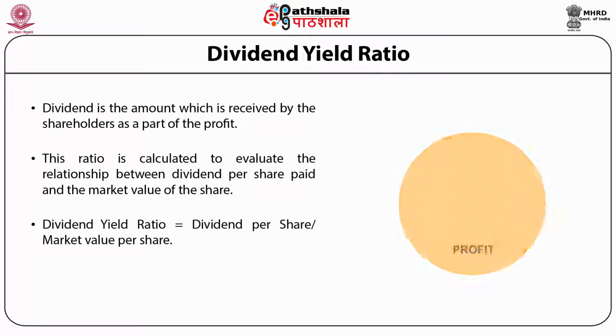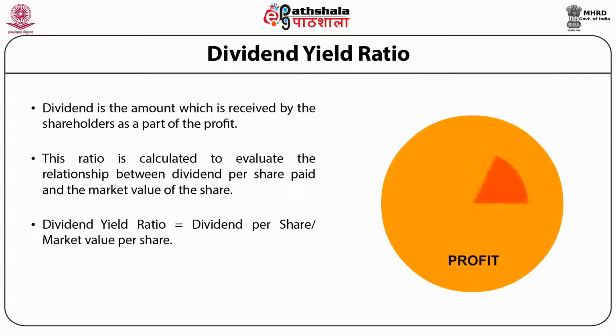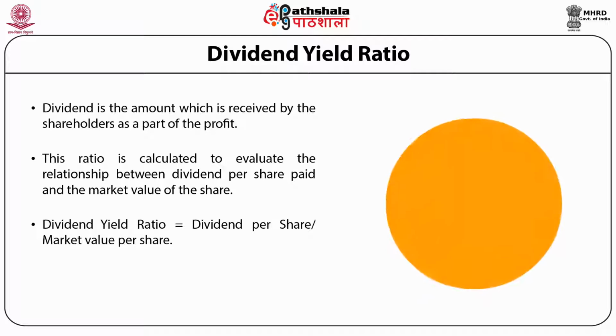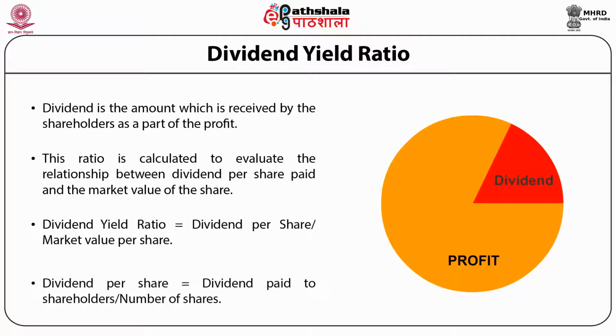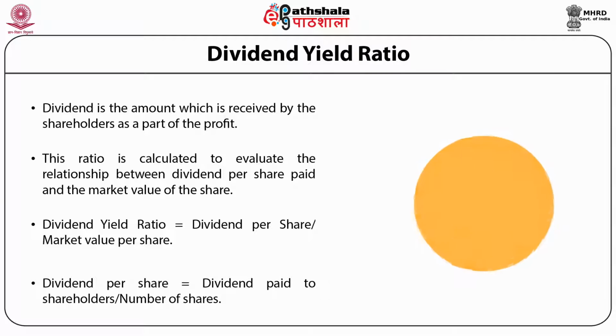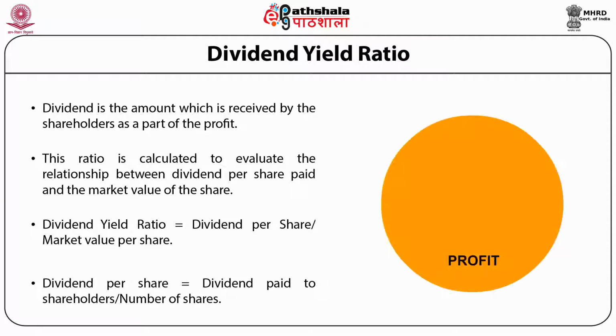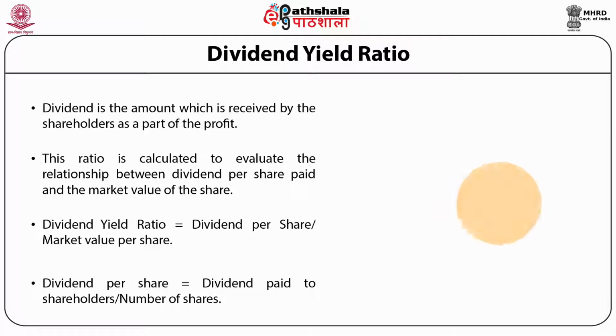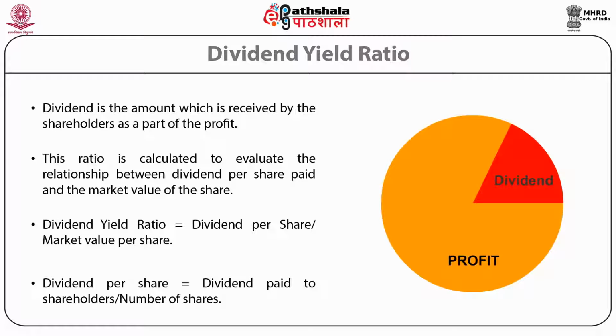Dividend yield ratio is calculated by dividing dividend per share by market value per share. And dividend per share can be calculated by dividing dividend paid to shareholders by number of shares.